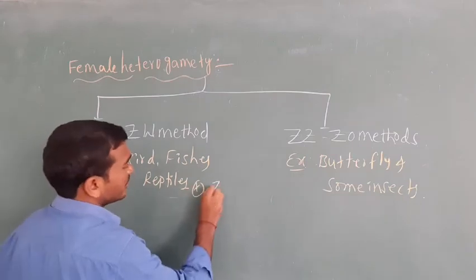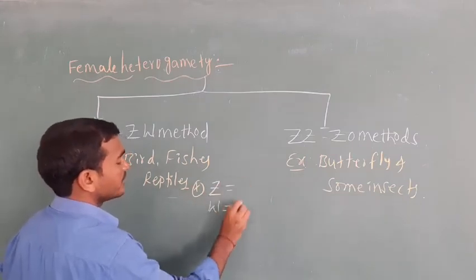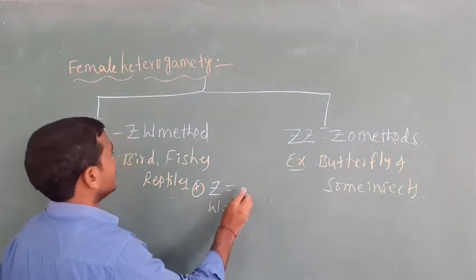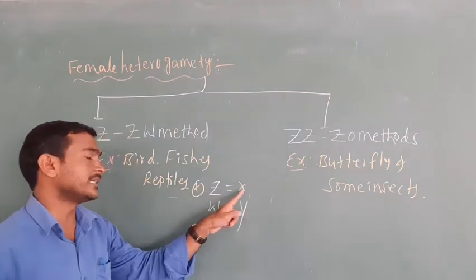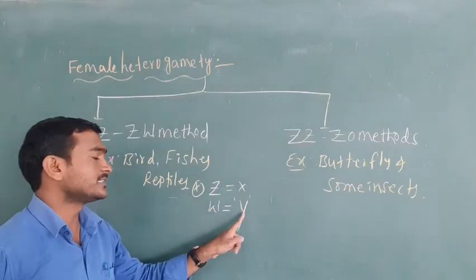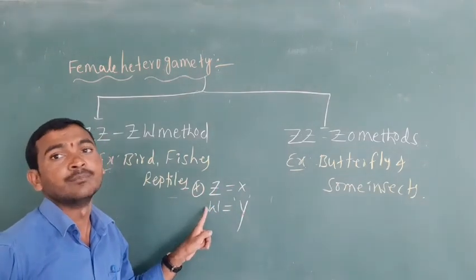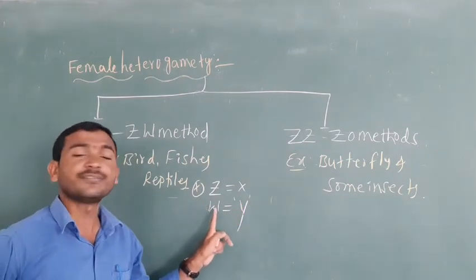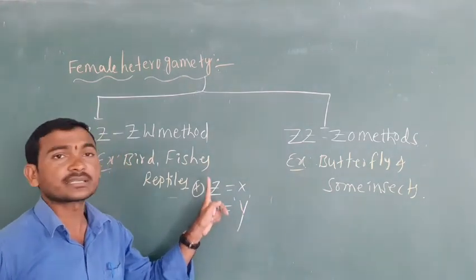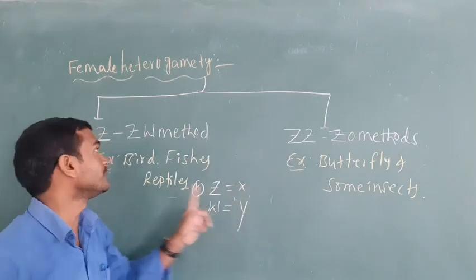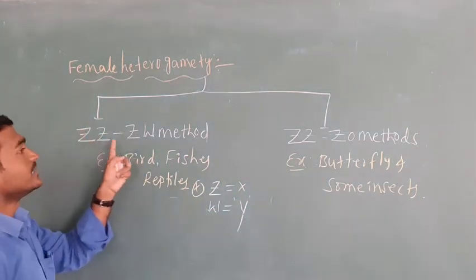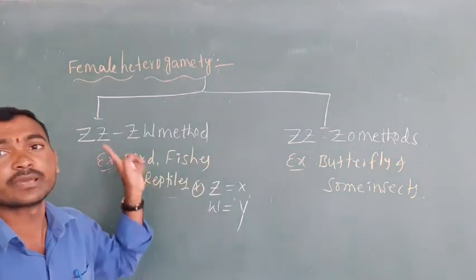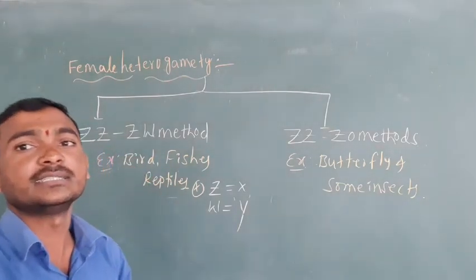We take W equal to Y and Z equal to X. Instead of the X we take the Z, and instead of the Y we take the W. So the W is like Y, and the Z is considered as X. This is about the ZZ, ZW method. Examples are birds and fishes. Very important. Now we are going to explain the ZZ, ZW method.